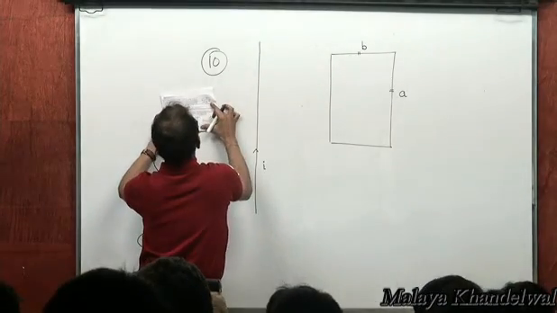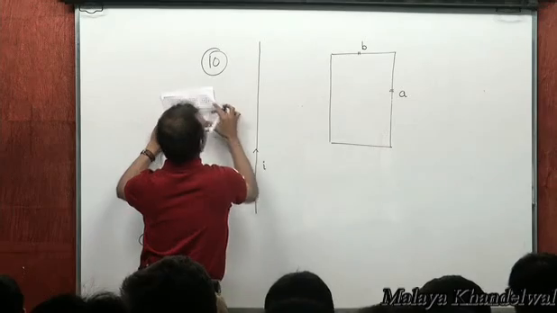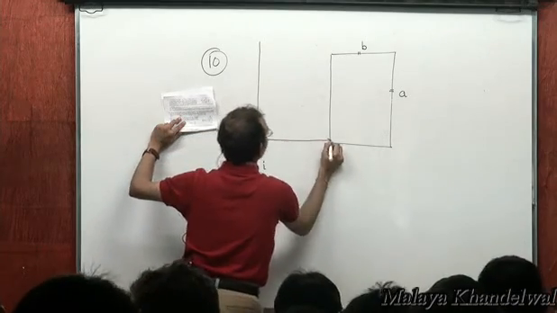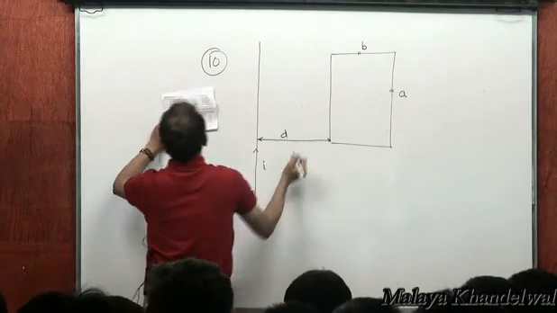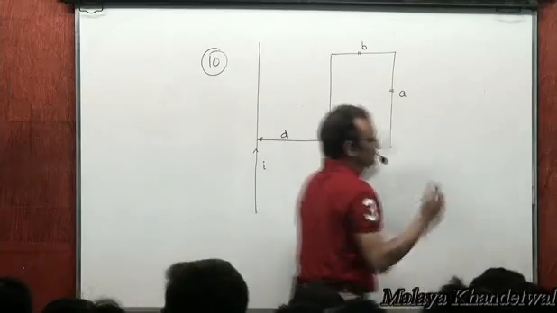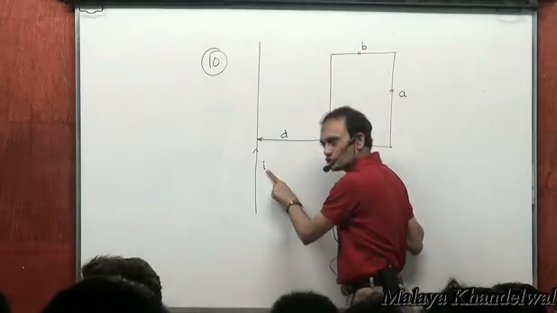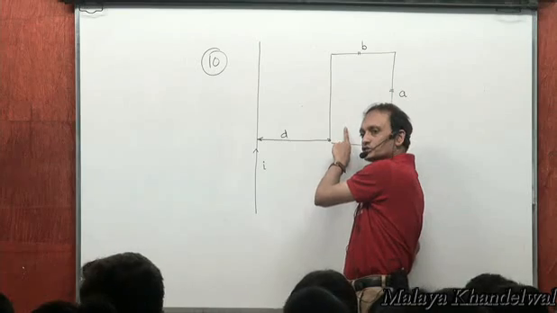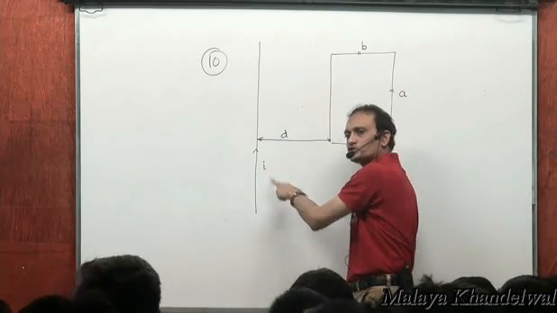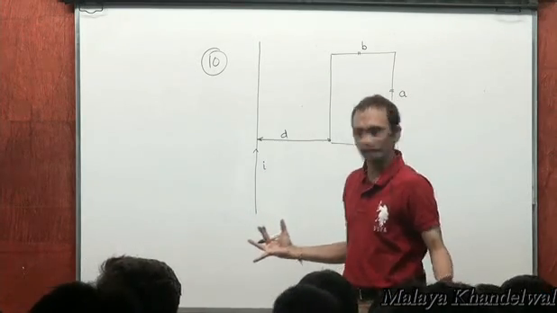Width B. The distance between the wire and the nearest edge is D. I want to find the mutual inductance of the system. To find the mutual inductance, I would imagine current through the bigger one and flux through this. Then flux through this divided by I through this will give me the coefficient of mutual inductance.